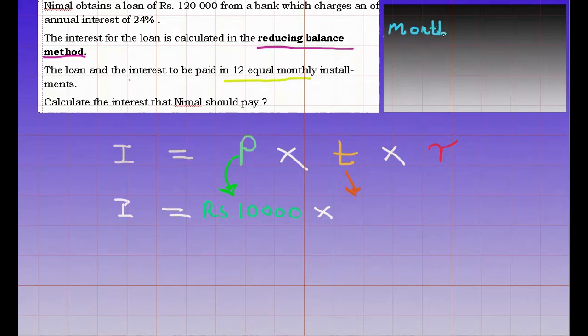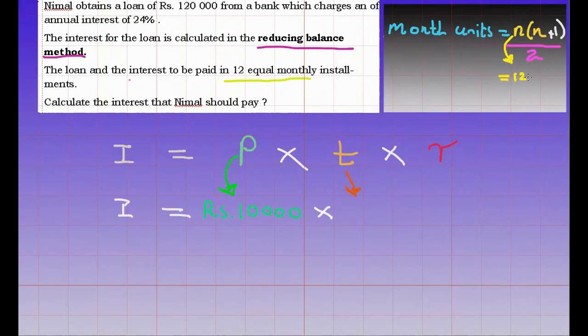So month units is equal to n times (n plus 1) divided by 2. So what does n stand for? The number of installments. So what have they said? It's 12 equal installments. So in the place of n, you write 12.